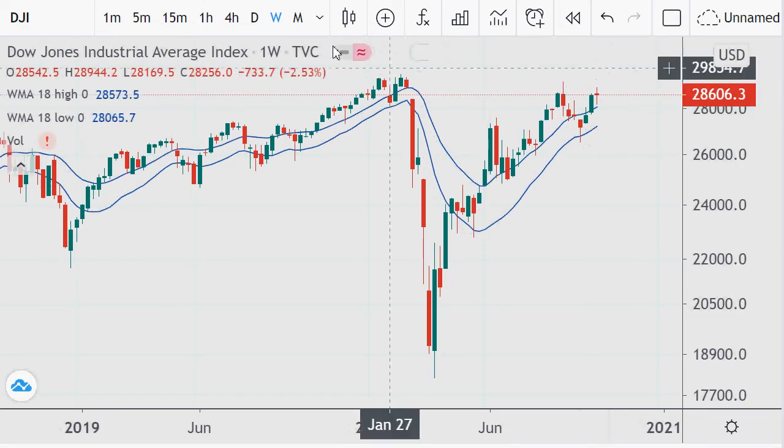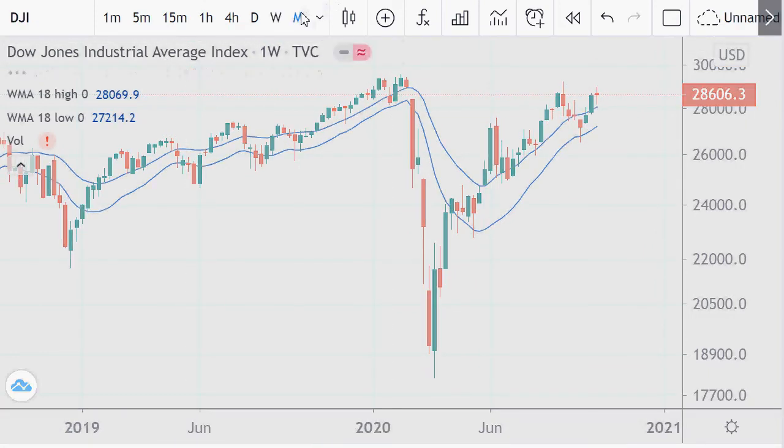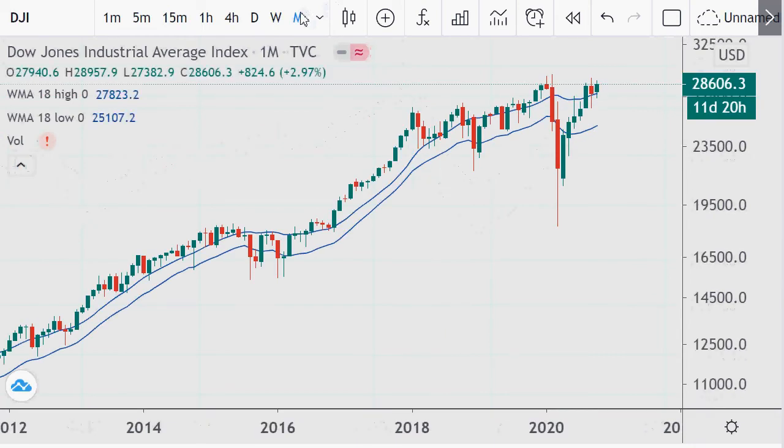I'm going to switch this up to the regular Dow, and I'm going to go to the monthly time frame, and this gives me more data.